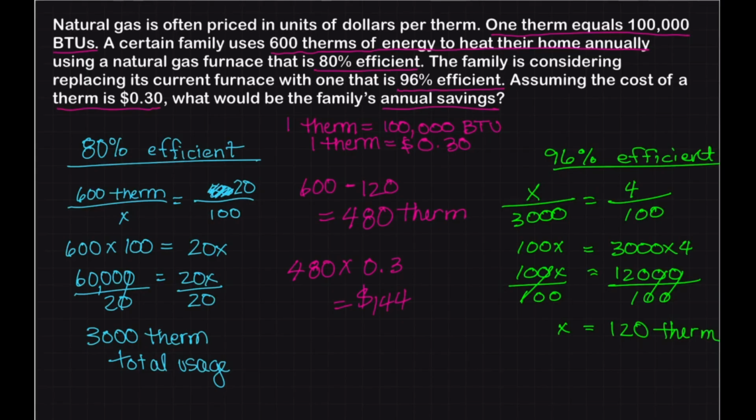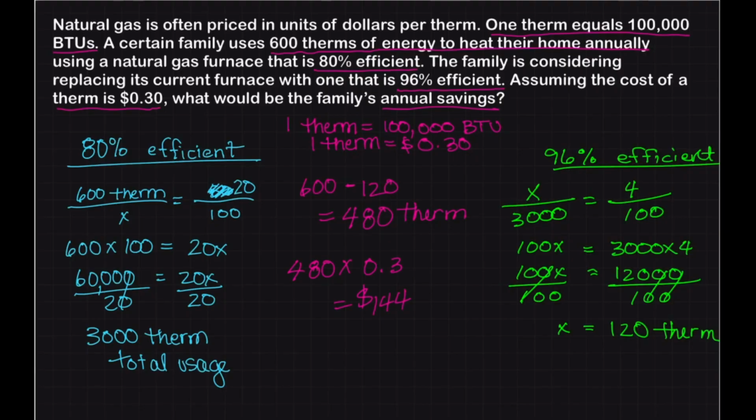So then we can discuss the cost. The family could decide, depending on how much the new heater costs, if it's worth that $144 of savings a year. For example, if the heater lasted 10 years and it cost $1,000, it would cost $100 a year, so they'd save $44 a year, which over 10 years would be like $440 or something like that.